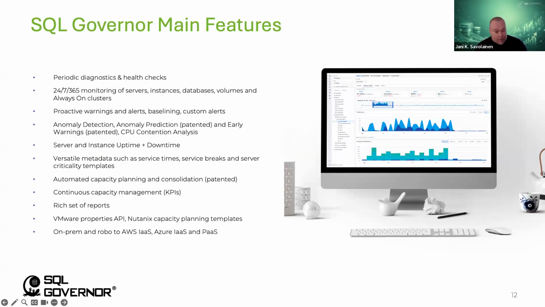Then, of course, there are different kinds of metadata, as I told, criticality templates for different baselines, like which servers are critical, which are medium criticality, low criticality, like development and test servers and things like that.